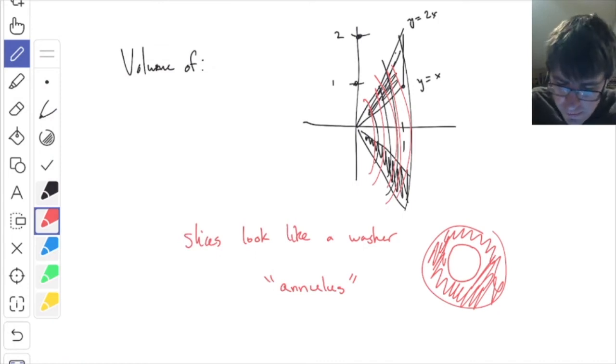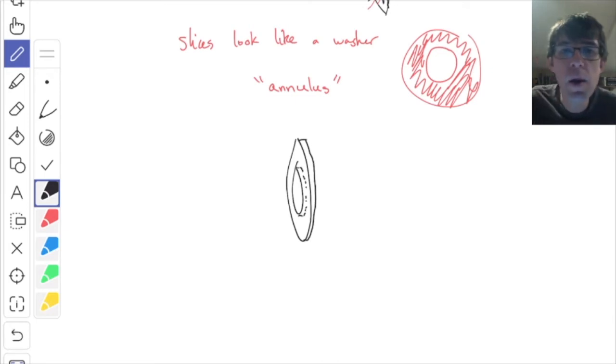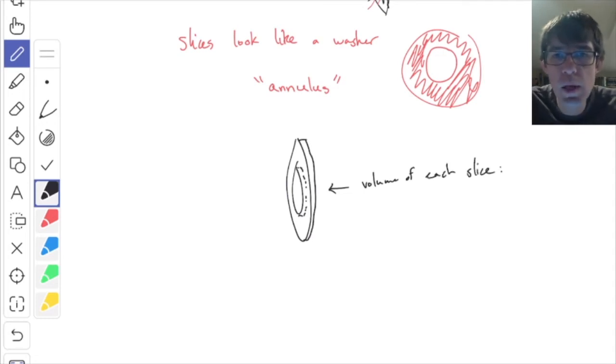Sorry, the word annulus refers to a flat shape like this. Really what we are talking about is a three-dimensional washer-type shape which has a little bit of thickness to it. In order to find the volume using slices of this form, we need to know the volume of each slice. Before, when they were circular with no hole in the middle, it was a cylinder and the volume was just pi r squared times h.